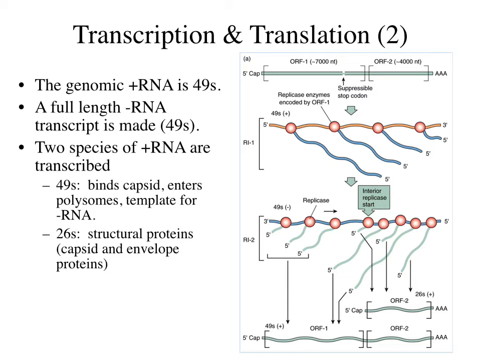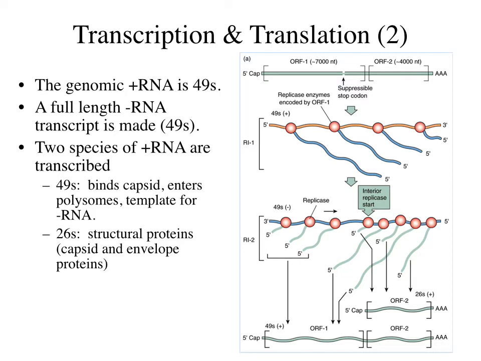So if you look at this slide, you can see that I've got some numbers indicated on it, 49S and 26S. The S refers to Svedberg units, which is a sedimentation coefficient. It's just an indication of size of the different species of RNA. So the genomic RNA, the input positive sense RNA, is 49S.